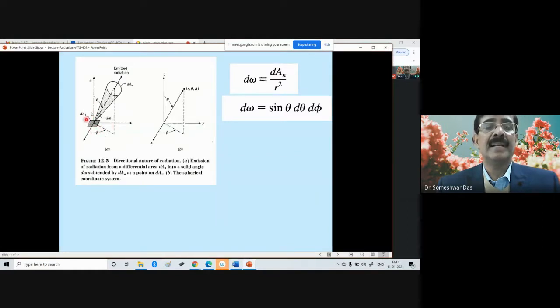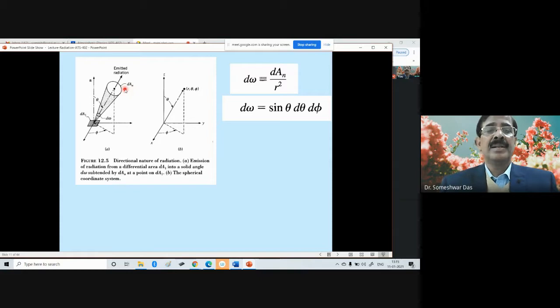The radiation is emitted from this area dA1 into a solid angle d omega, in a spherical coordinate system where phi is the azimuth angle, theta is the zenith, d omega is the solid angle, and dAn is the projected area.